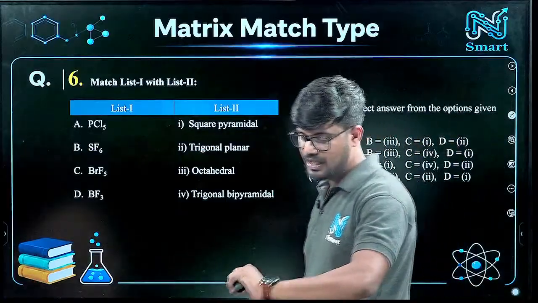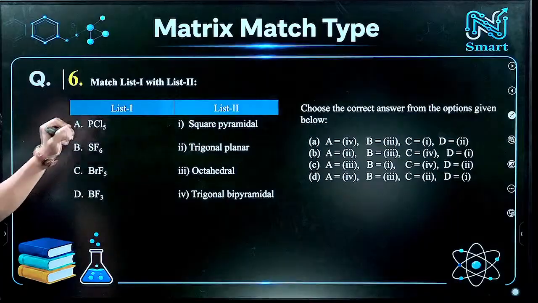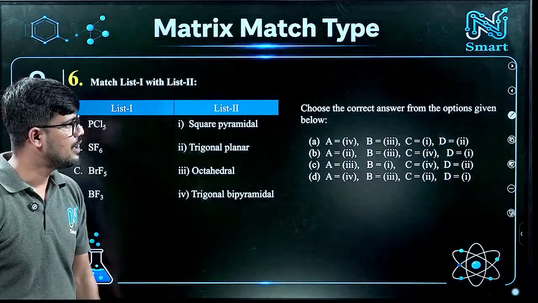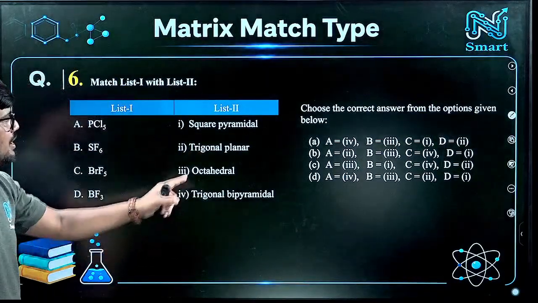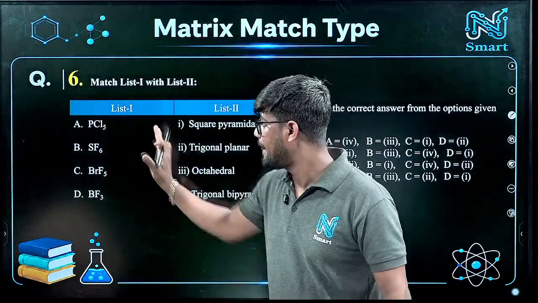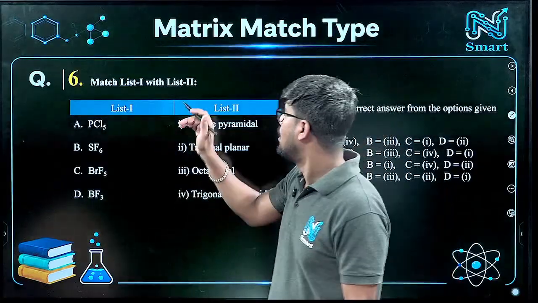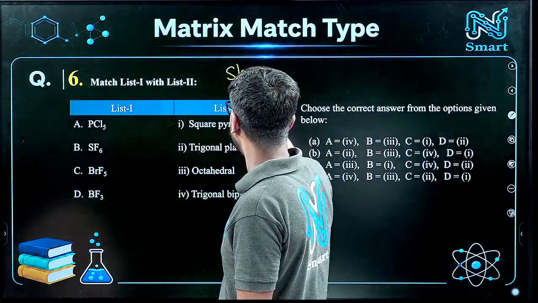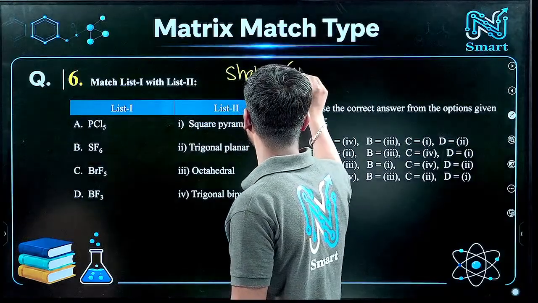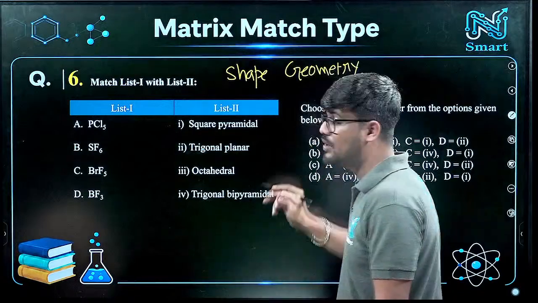Next, this question. Can you answer this question? You have to match list 1 and list 2. Now just check. Here it is not mentioned whether you are comparing shape or geometry. Normally, shape and geometry are two different things.